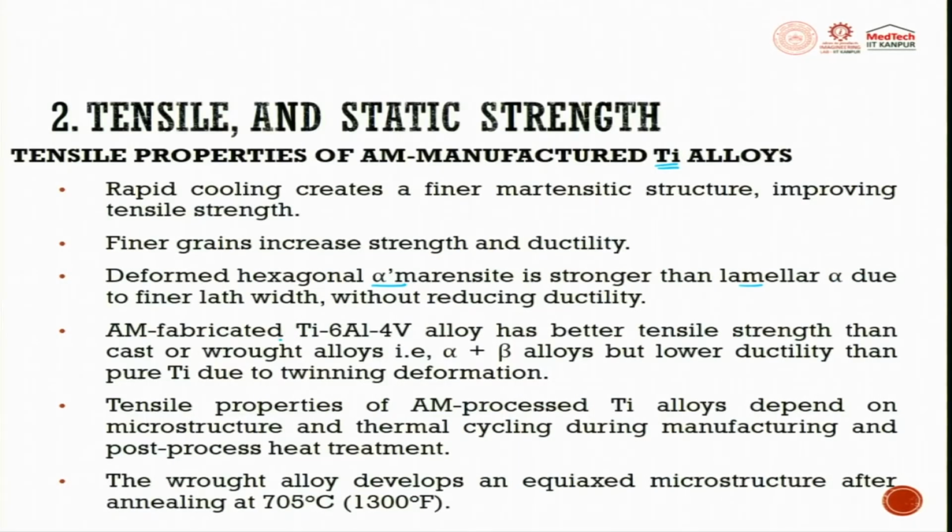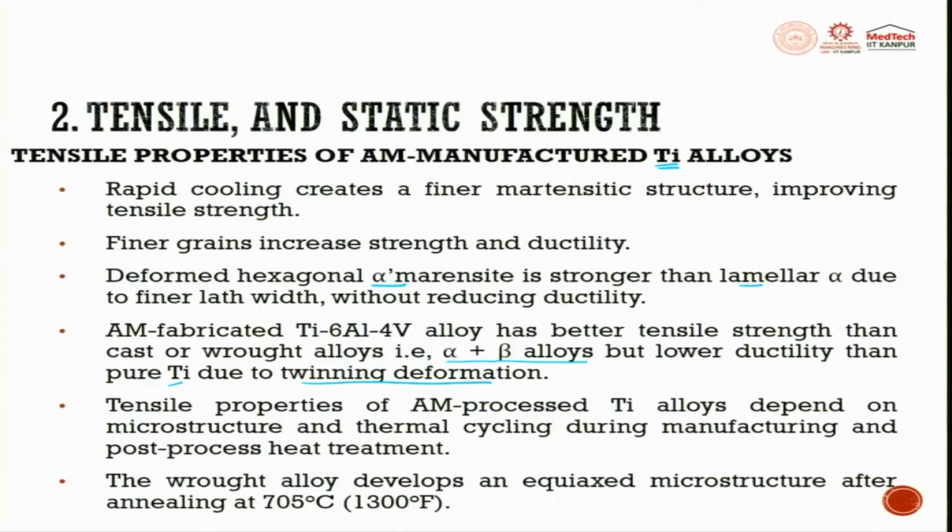Additive manufactured Ti6Al4V alloy has better tensile strength than cast or wrought alloys, that is alpha plus beta alloys, but lower ductility than pure titanium due to twinning deformation. So, why is the change in response coming? We can also look at the microstructure and the texture that comes, and then talk about it.